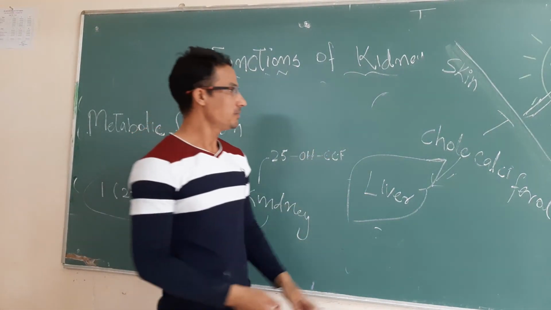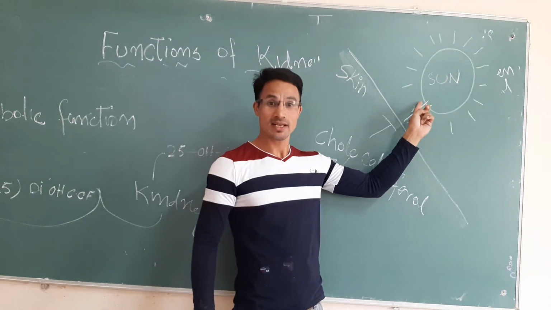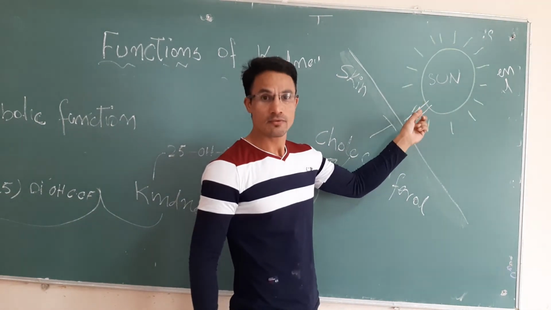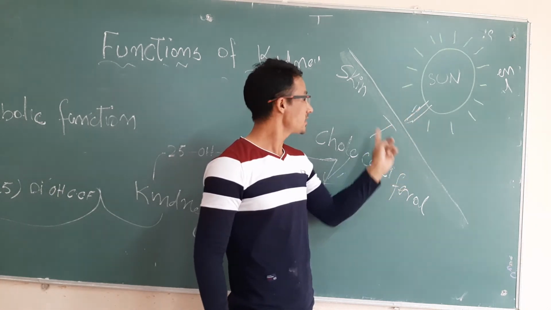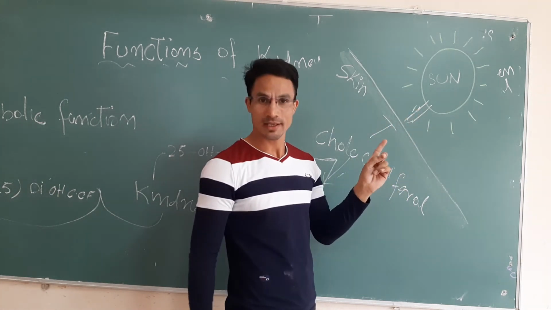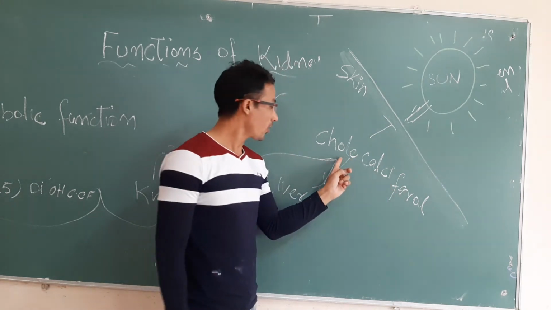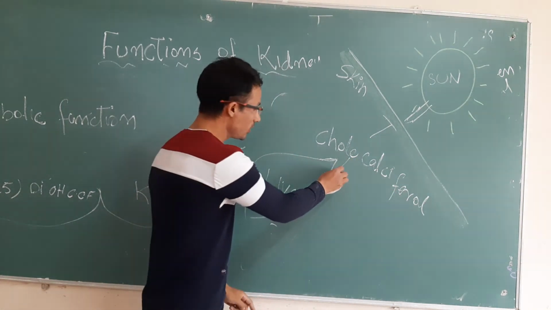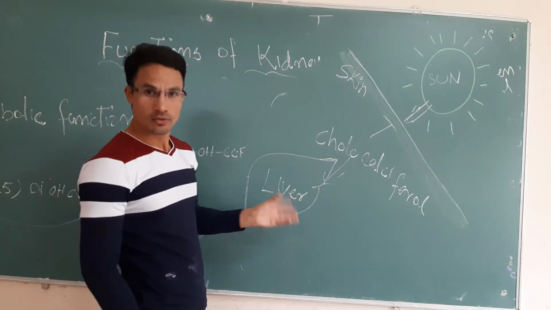Let me explain again. Here is the sun. The sunlight falls on our skin. The skin forms a special product known as cholecalciferol. That cholecalciferol will go into the liver.